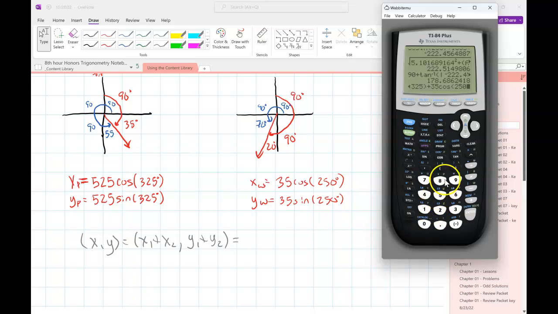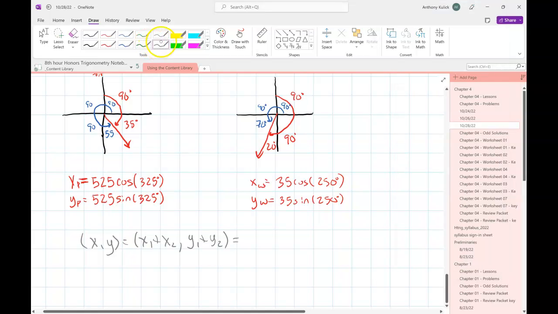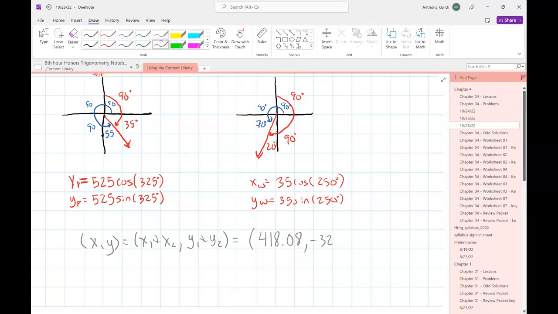We're already figuring out that x and y. So 418.08, comma, negative 334.02.